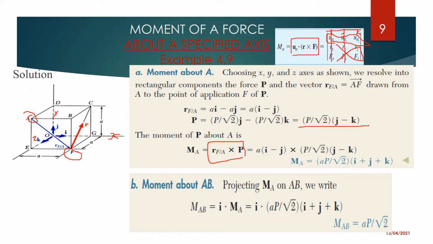Then now it will be your rx times your fz, which will be that and that. Once you do that, you end up finding the moment about A, which is a times p over square root of 2 times open bracket i plus j plus k.